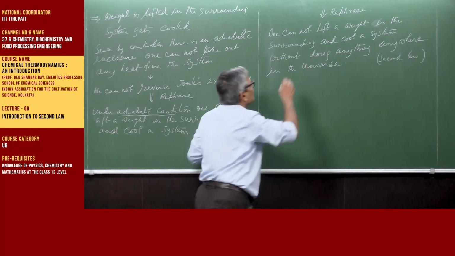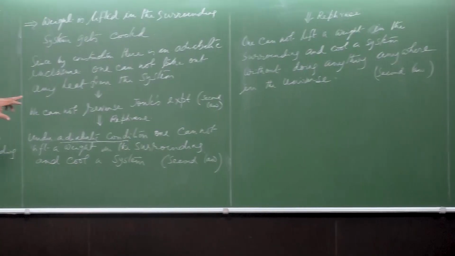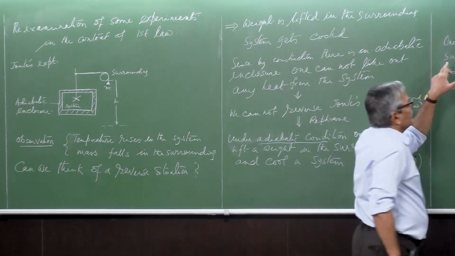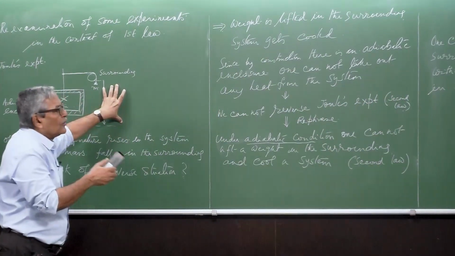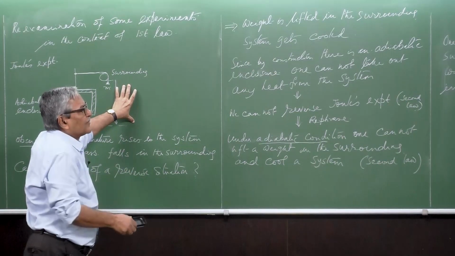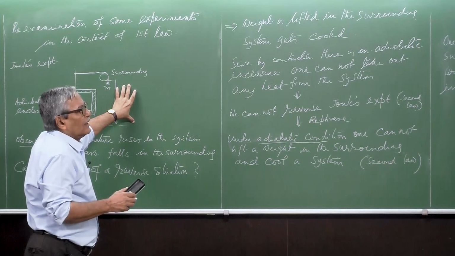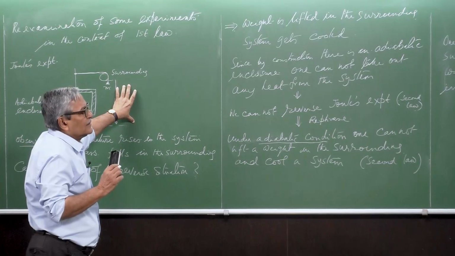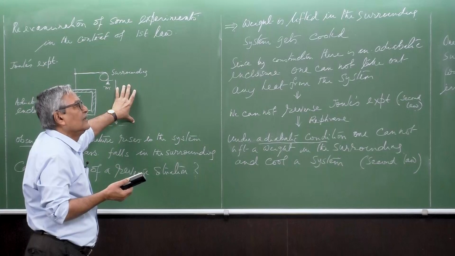And in this case, you make sure that there is no reference to Joule's experiment. These statements are such that we are not making any reference to Joule's experiment. We are slowly drifting away from that experiment, but we have a feeling from Joule's experiment that we cannot really do a reversal.